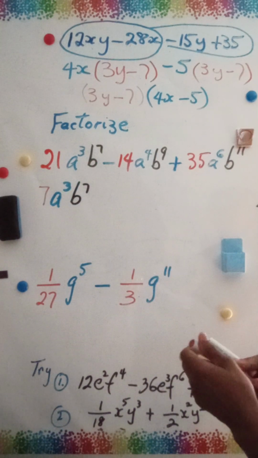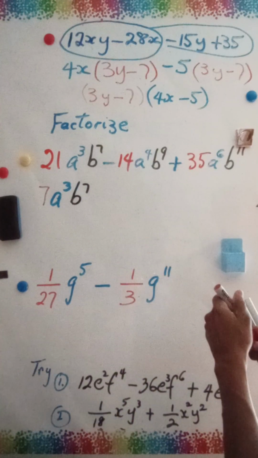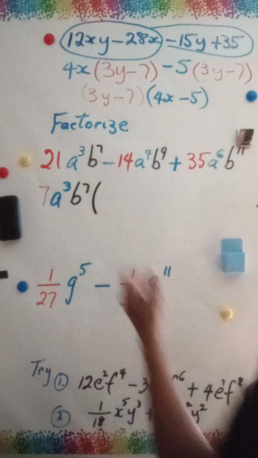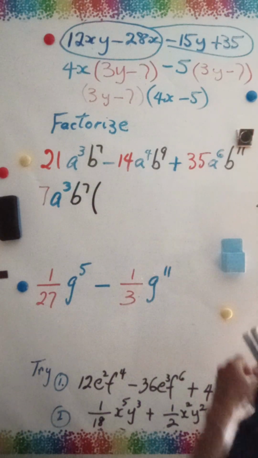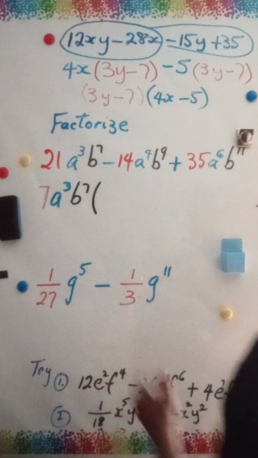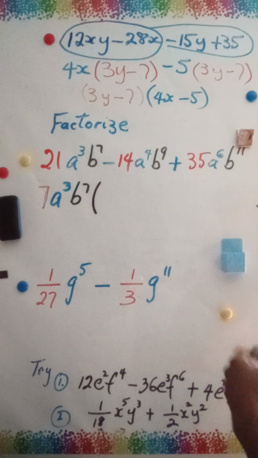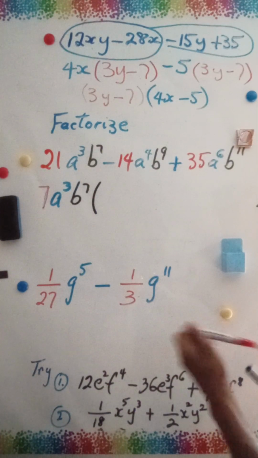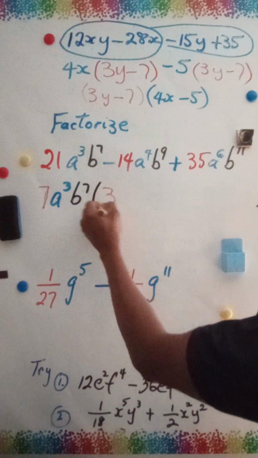Because we're factorizing, we're going to insert brackets. So let's go and try that. We're going to go and divide and multiply, divide and multiply. So let's go and try that and see what happens until we exhaust the exercise. So let's go. How many 7s are in 21? 3 of them, right?